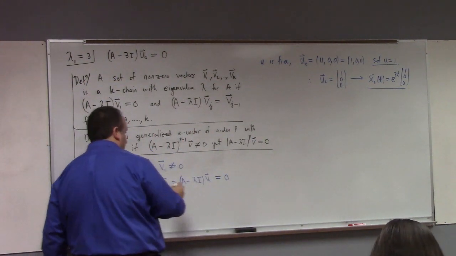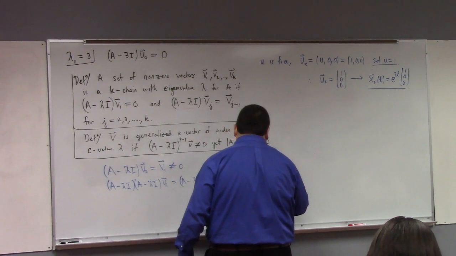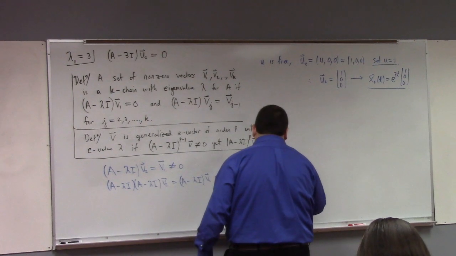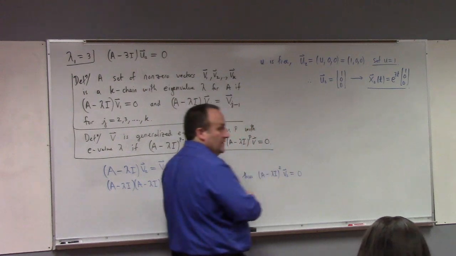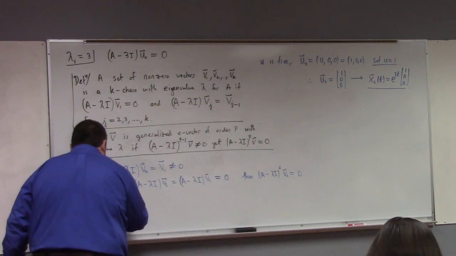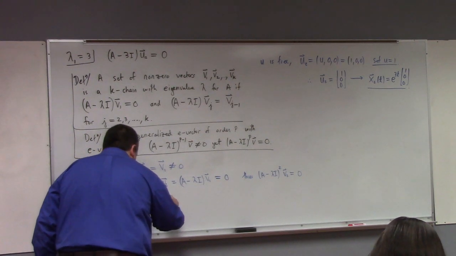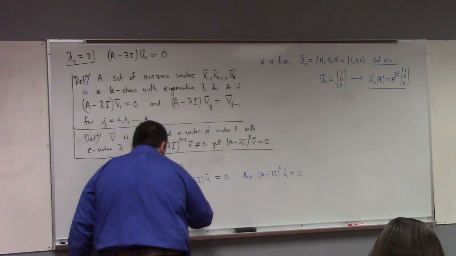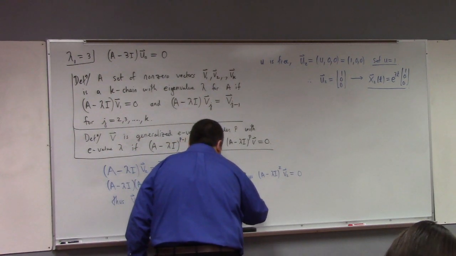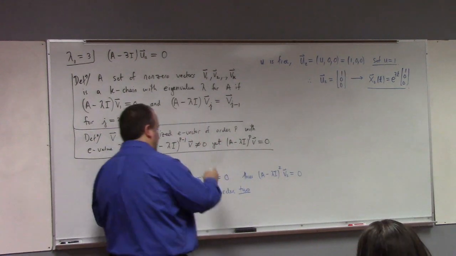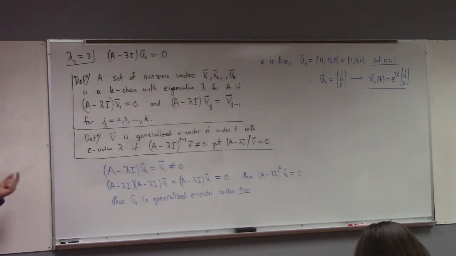So I have A minus lambda I squared on v2 is equal to 0. So what does this all mean? Thus, v2 is a generalized eigenvector of order 2, because the square of A minus lambda I acting on it gives me 0, but the first power does not.